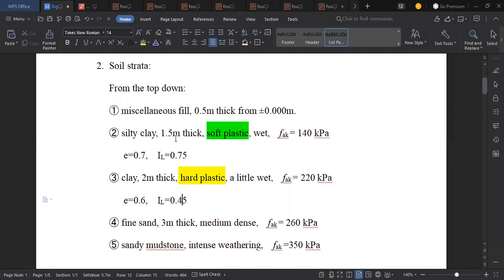In the second layer, we've got 0.5 times 20. But after 1 meter, so 0.5 plus 0.5, at that point of 1 meter, we've got the water table. So below that, we don't multiply by 20, we multiply by 20 minus 10, so it's by 10.